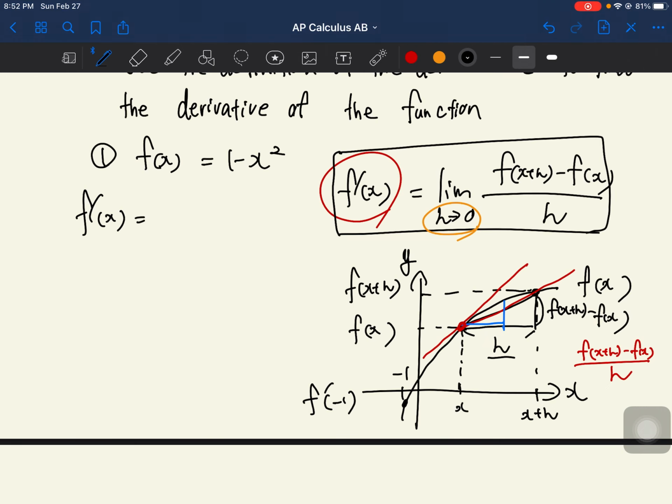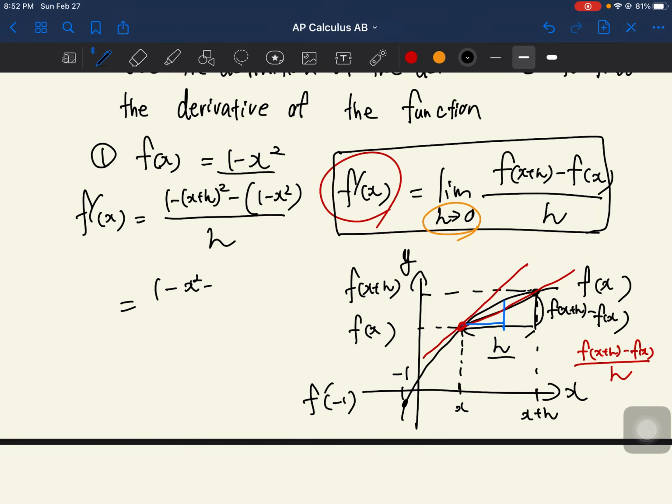So f prime of x is, the top part, f of x plus h. So you plug in x plus h into x: 1 negative x plus h squared. Negative, you plug in x into this function: 1 negative x squared, over h.